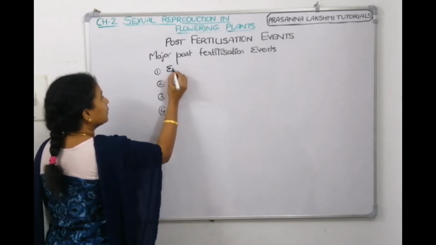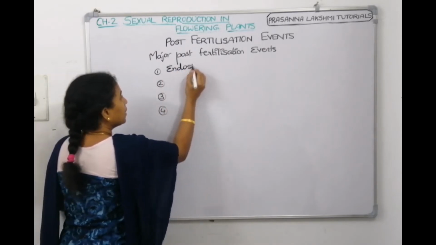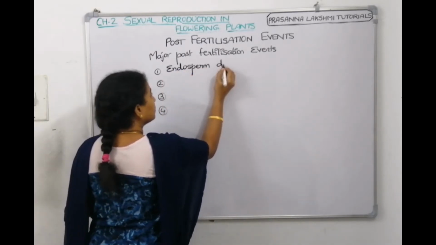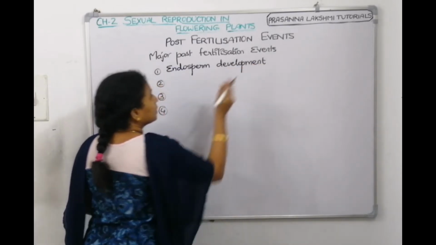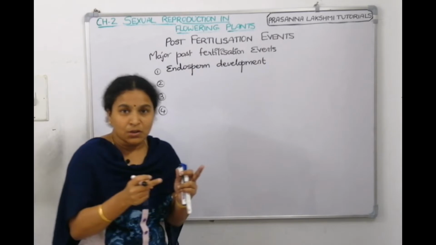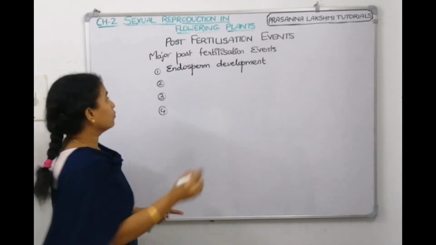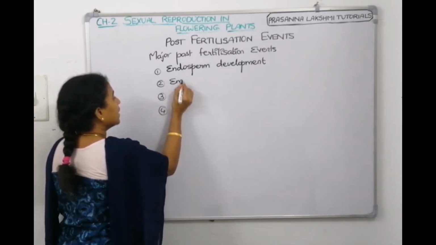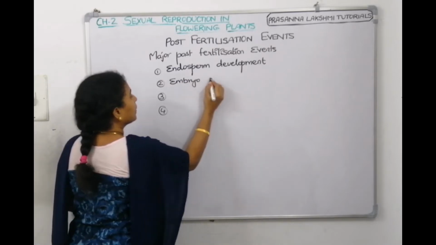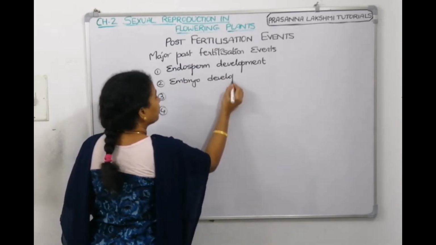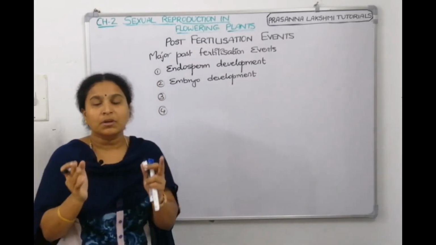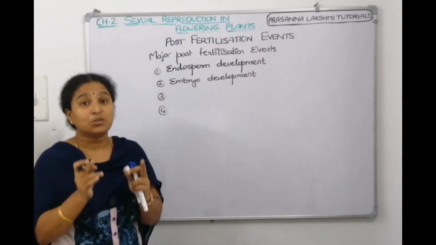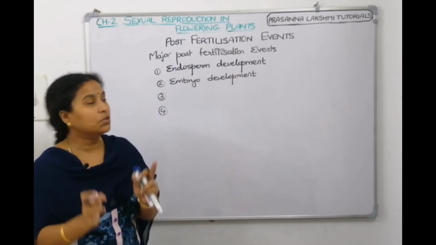So, I am writing the first point as endosperm development. The second point will be the zygote developing into embryo, so I will write it down as embryo development.